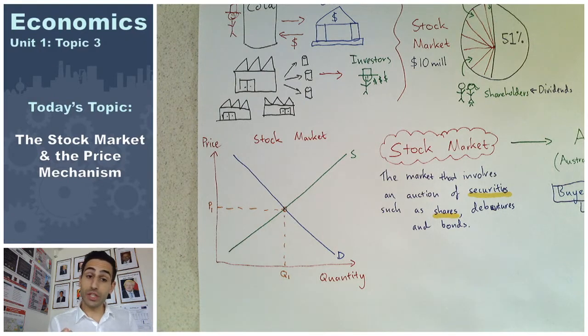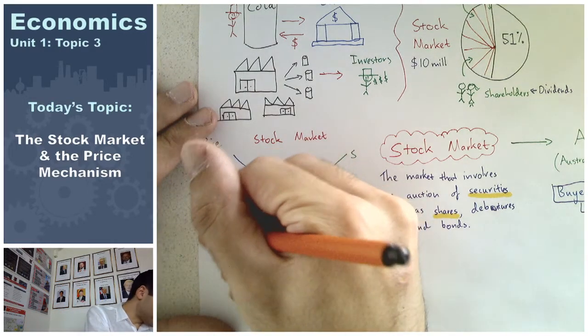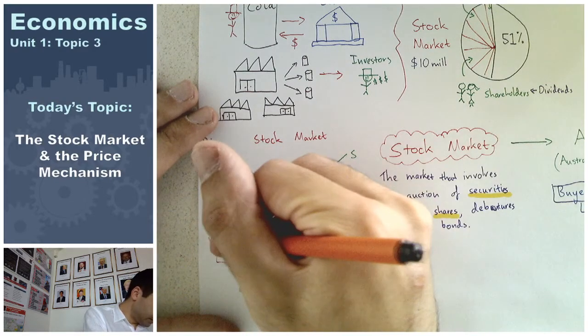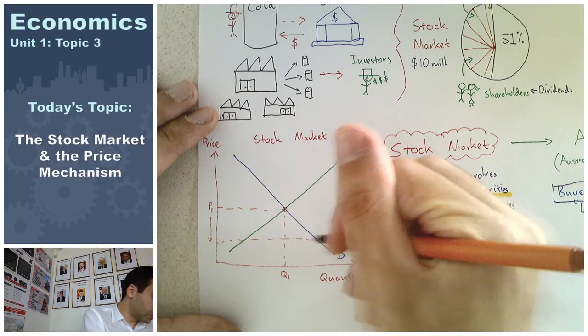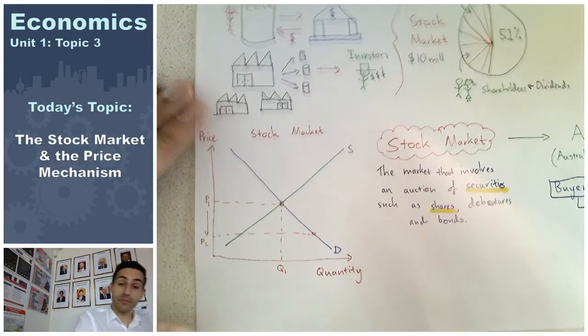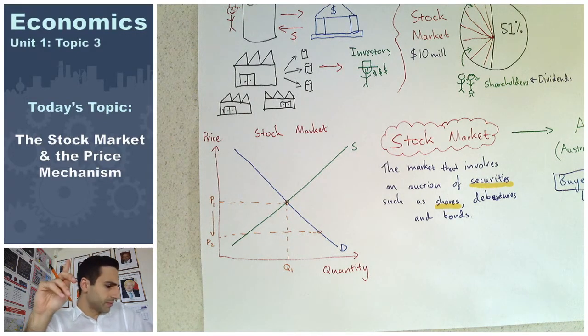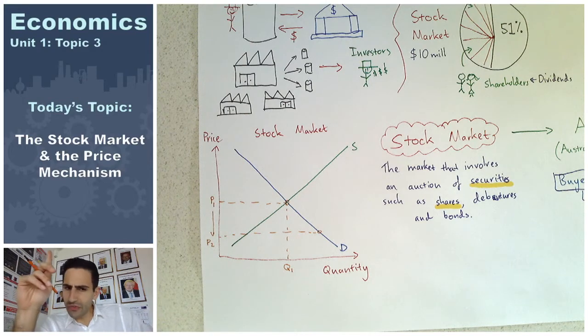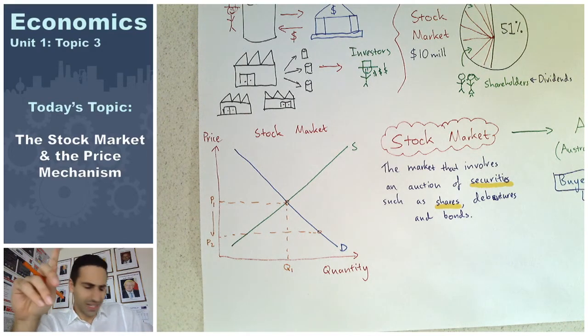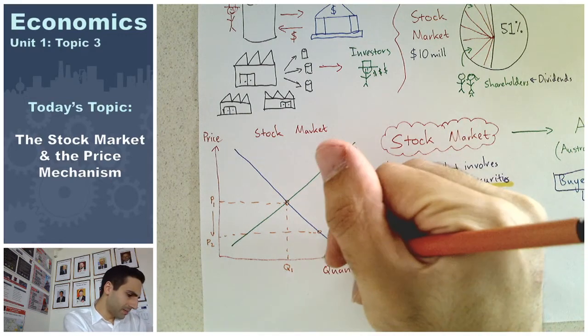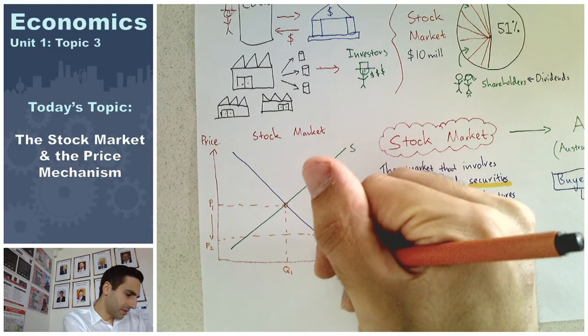So here we go. Let's say the price of shares were, for whatever reason, to fall. Now, if prices of shares fall, it's generally because of some sort of external pressure. Something's happened. But notice, this is interesting. The price of shares has fallen, yet demand has gone up.